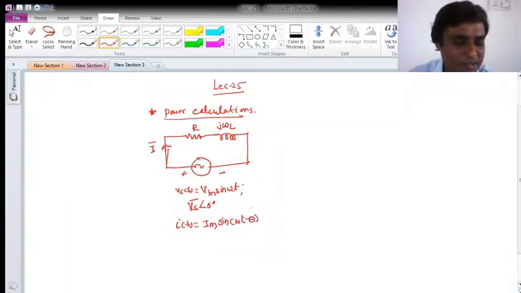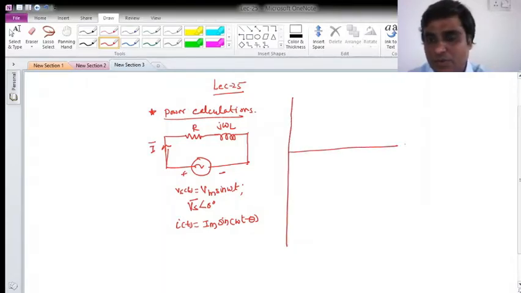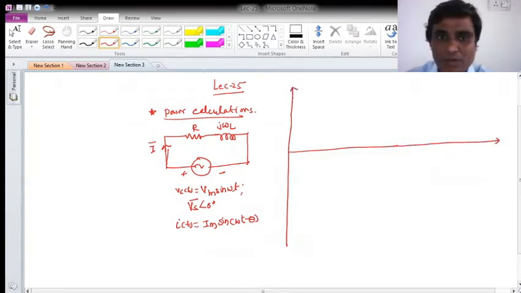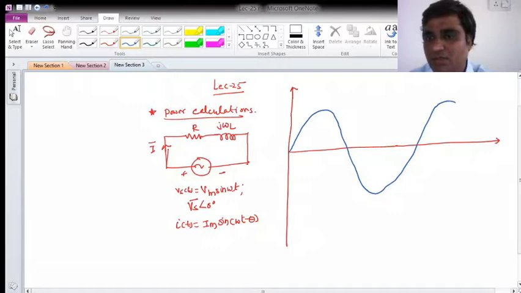Now if I am interested to compute the instantaneous power, let us see how we can compute it once I know V of t and I of t. Before that, let us first see graphically how it can be done. First let me draw my input, that is the source voltage, which was sinusoidal in nature.